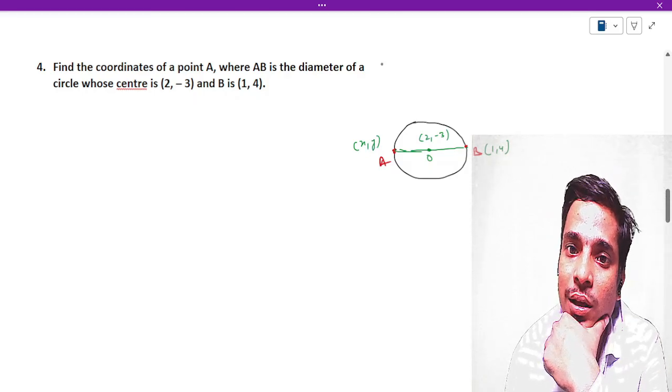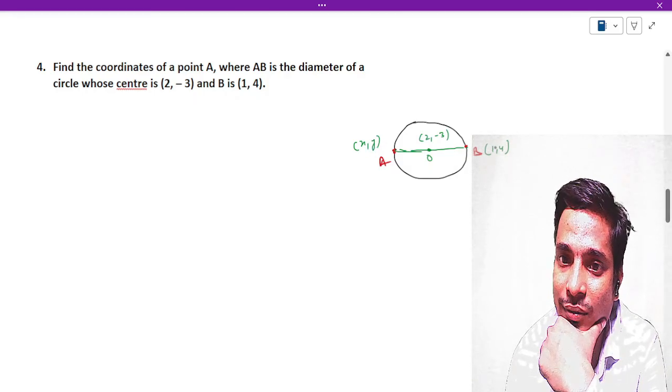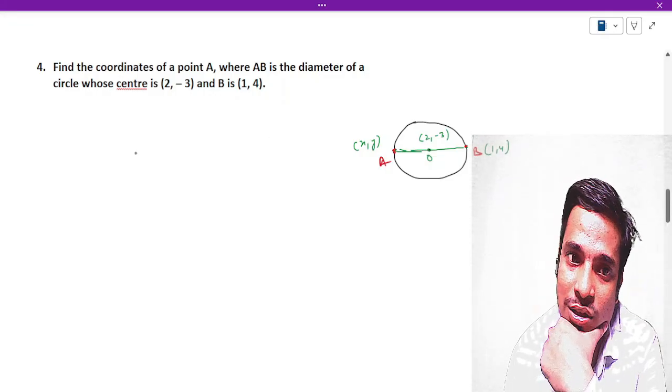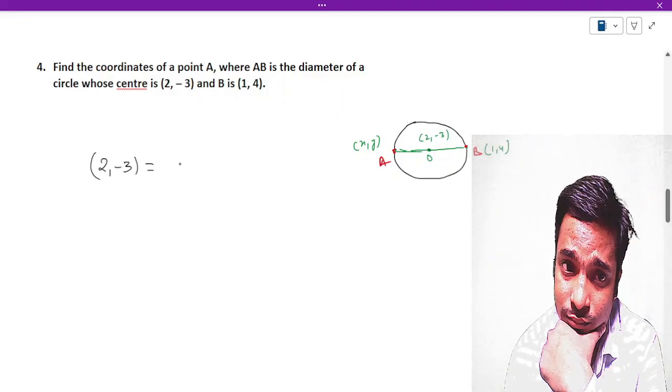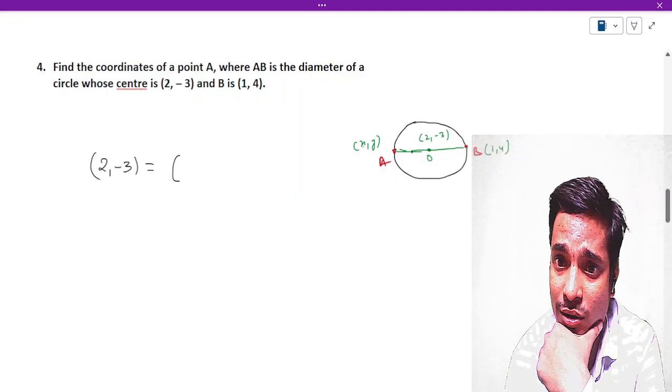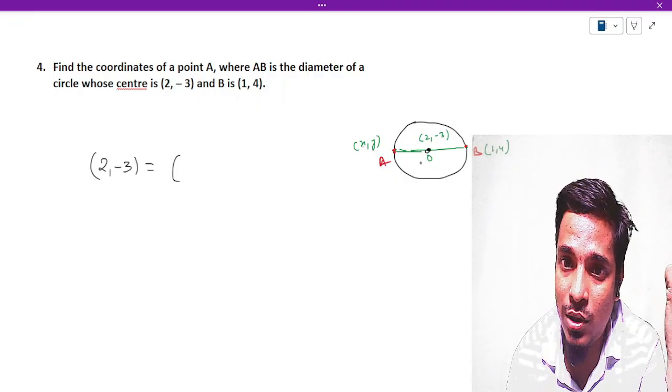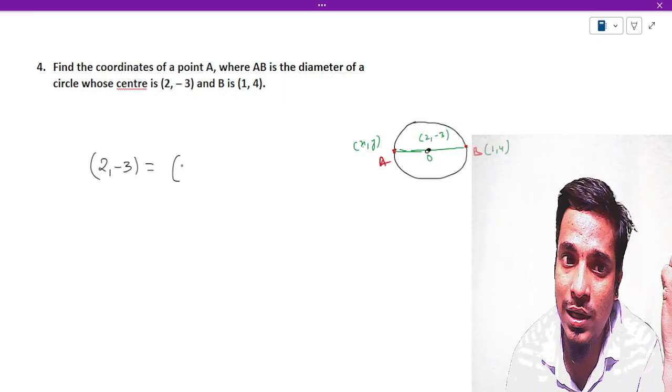So with the help of A and B, as this is the midpoint, with the midpoint formula we can find the coordinate of O, which is already given as 2 comma minus 3. The sum of the x coordinates of points A and B divided by 2 is nothing but the x coordinate of the center, right?